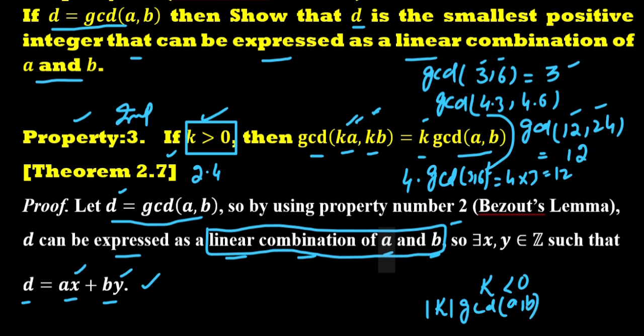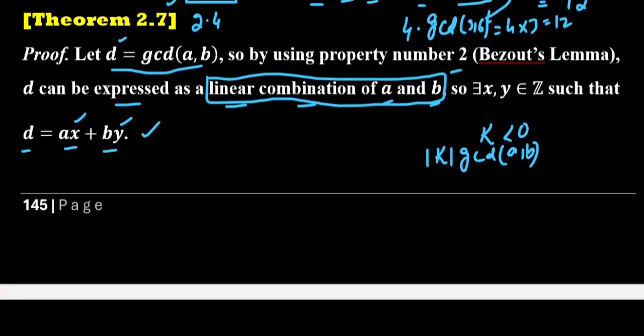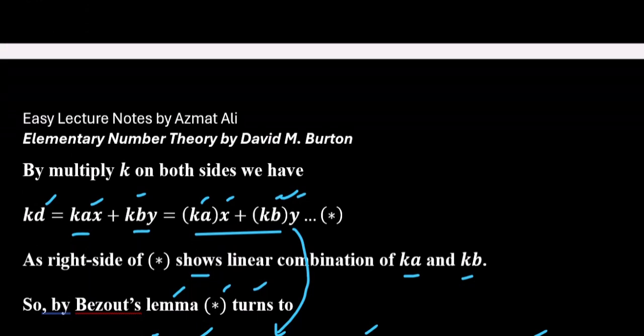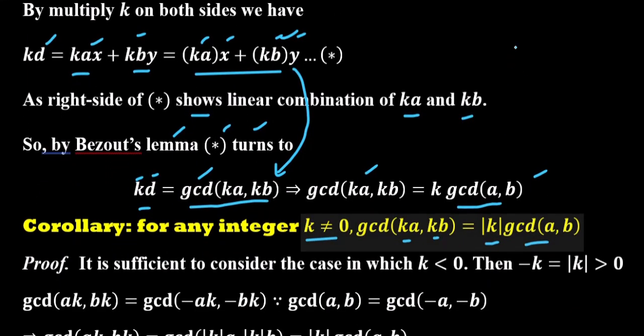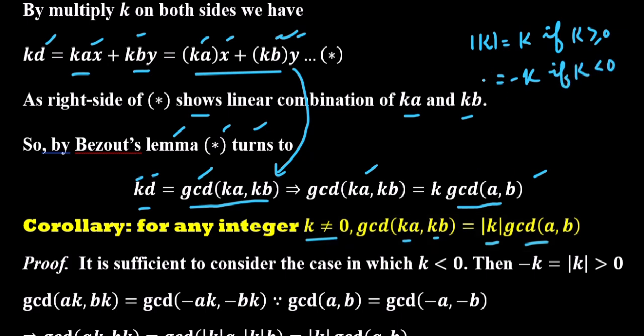So to prove this corollary, we will just use the concept of absolute value function. The absolute value of k is equal to positive k if k is greater than or equal to 0. This is equal to minus k if k is negative. So it means the absolute value of k has two values, plus or minus k.